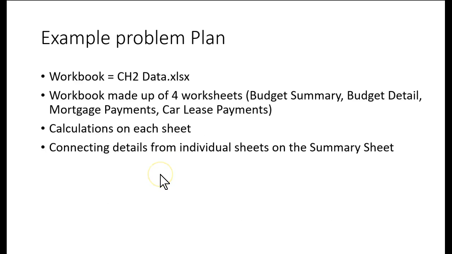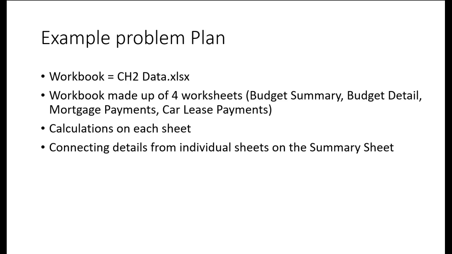Okay, so you'll be working through the example problem in the chapter. It starts off by downloading the workbook, Chapter 2, ch2data.xlsx. You can download that directly from your textbook.